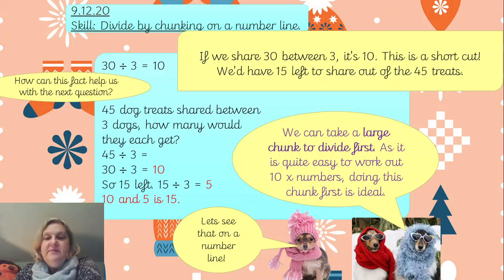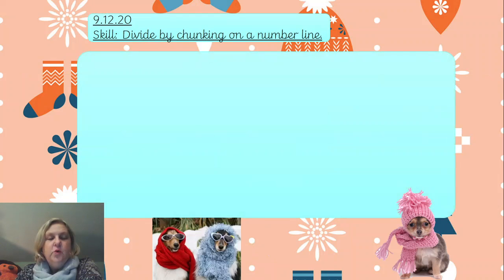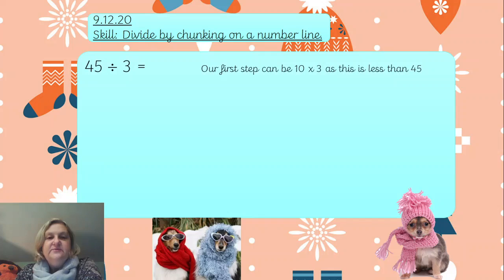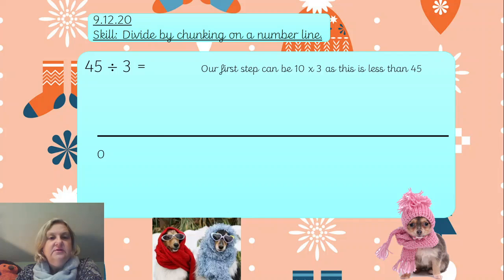Let's see that on a number line. So on a number line, we would start with a 0, and we take our first chunk, and instead of this being one set of 3, which we normally do, we're going to add on 10 lots of 3. So that chunk is quite a big one.